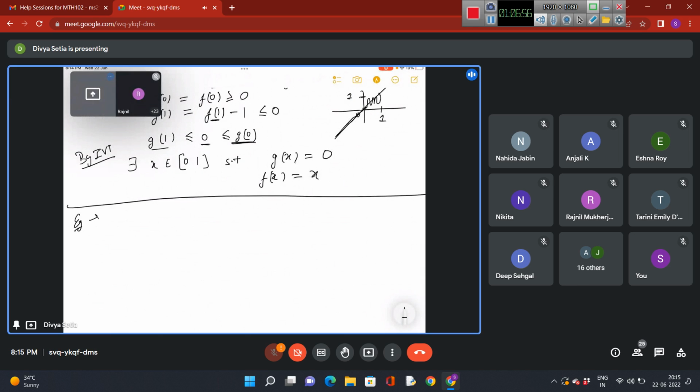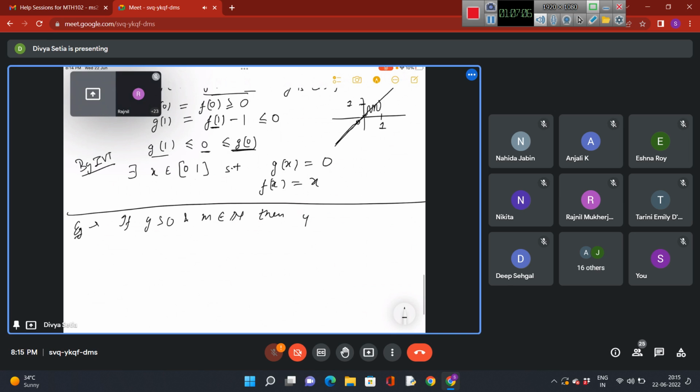Meanwhile, just try to look at this example: if y is any positive number and m belongs to N, then y has a positive mth root. This is also one of the applications of your intermediate value theorem.